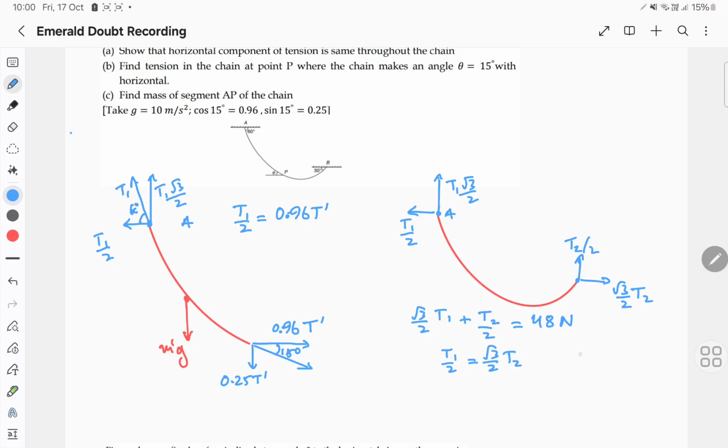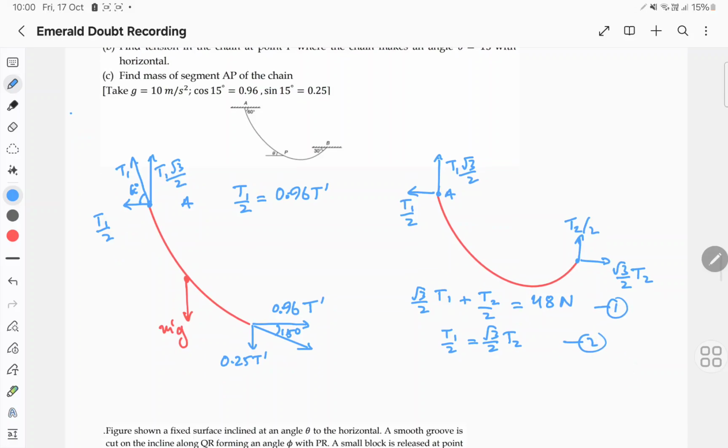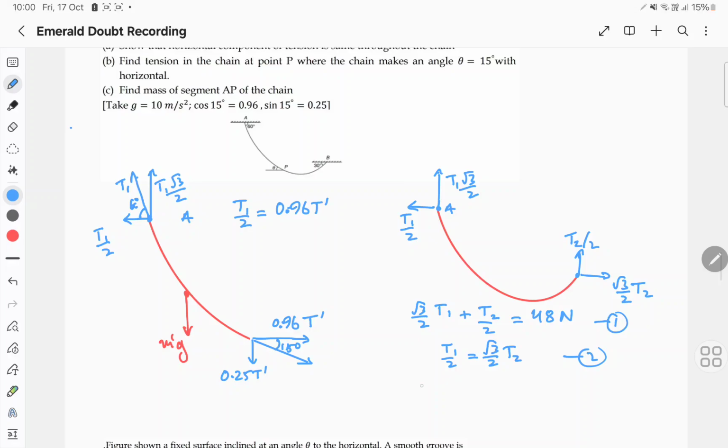Applying equation 2 in equation 1: 3 T2 by 2 plus T2 by 2 is equal to 48, implies 4 T2 by 2, 2 T2 is equal to 48, meaning T2 is equal to 24 Newton.